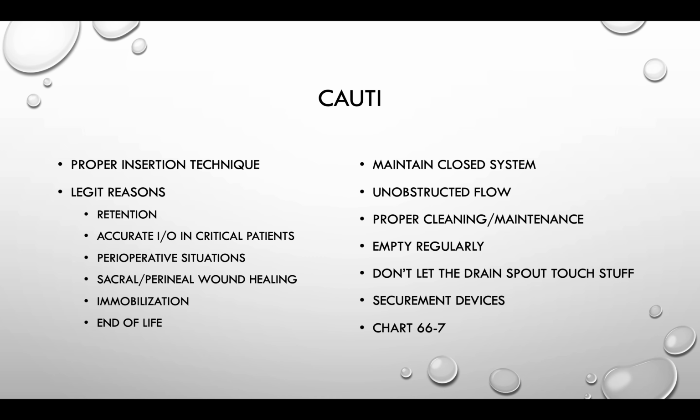With immobilization, this often occurs with someone who has a spinal fracture of some sort that's unstable, or hip fractures that are unstable. I know when I work on the ortho unit here in the hospital, when someone comes in with a hip fracture, one of the first things that we do is put in a urinary catheter.